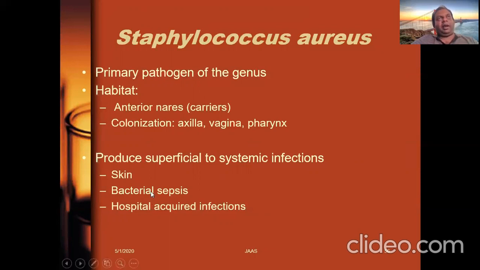Also, they can cause bacterial sepsis and bacteremia, that is bacteria in the blood. They can also produce endocarditis, meningitis, pneumonia. Anything is possible. And it's a common hospital-acquired infection, because nowadays most of our hospital setup is contaminated and colonized with these pathogens.